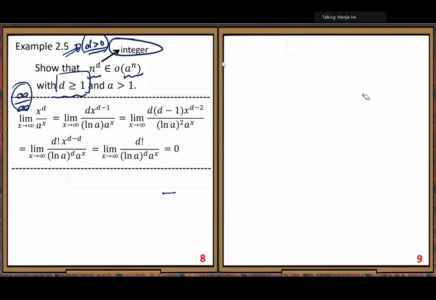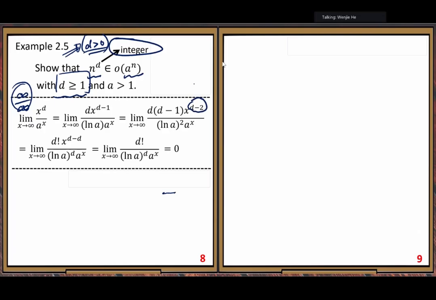There is a possibility you can still do it. Actually, with L'Hopital's rule in this case, if you still want to do it, this exponent number will never be 0. But it could be negative, right?